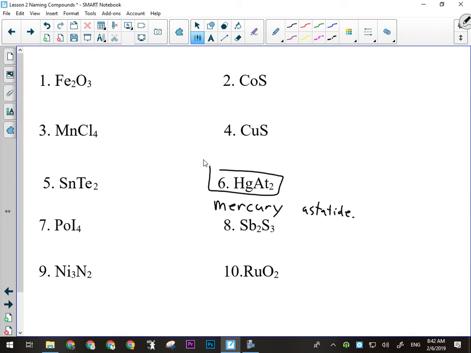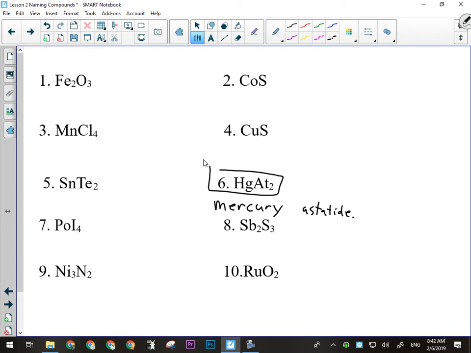So if I look up on my periodic table the charge for astatine, I find that it has a charge of -1. All right, so that means every astatine is -1. And how many astatines are there in this compound? 2. So how many negative charges are in this compound? 2.